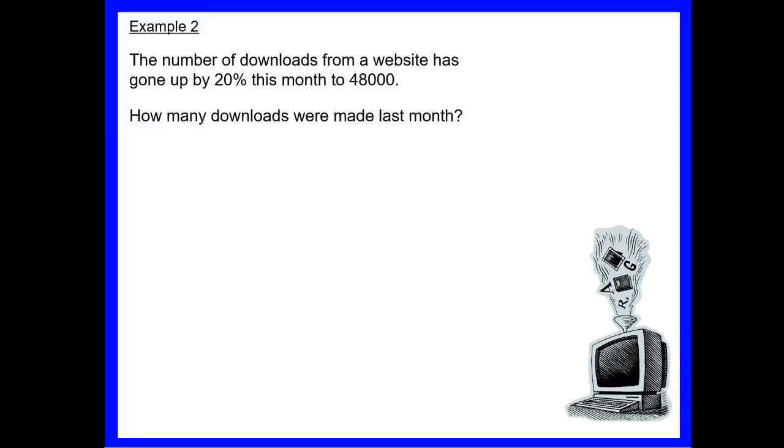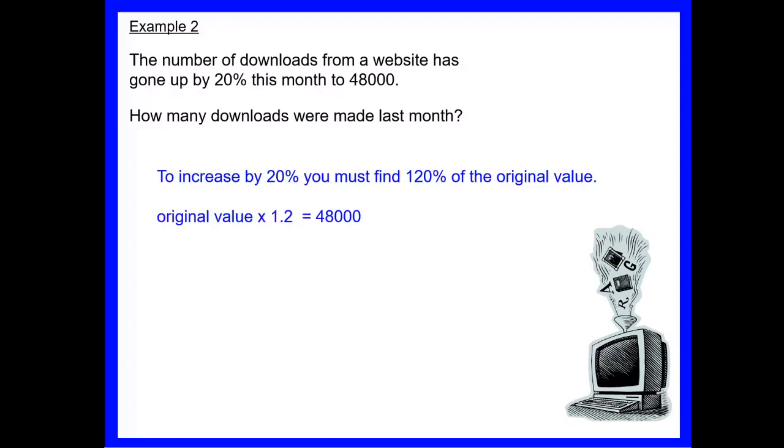As a decimal multiplier, that would be 1.2. So we know the original value times 1.2 would be 48,000. So let's reverse it. Instead of multiplying by 1.2, we're going to divide 48,000 by 1.2, and that gives us 40,000. So last month there were 40,000 downloads.